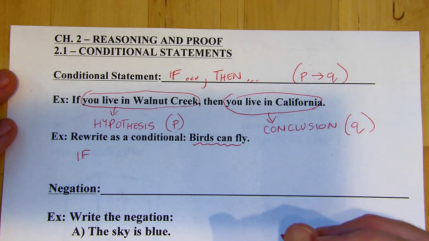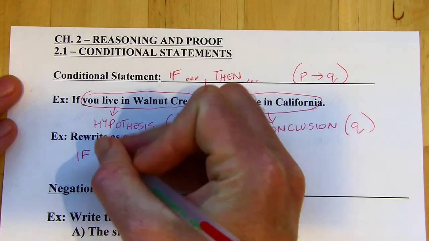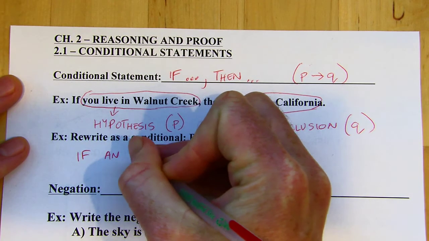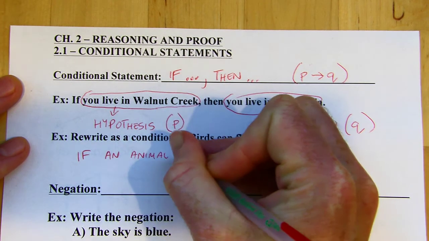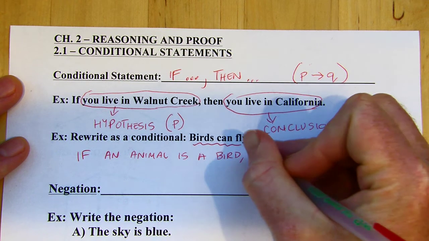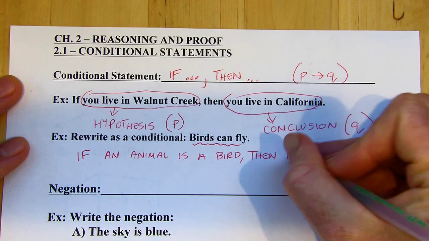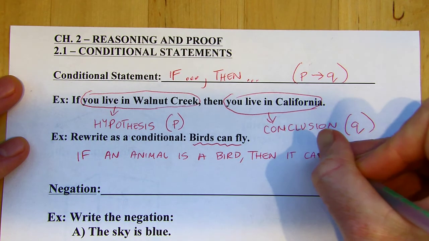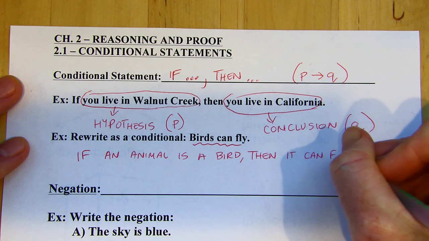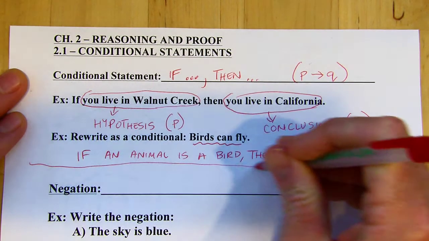So I'm going to say if an animal is a bird, then it can fly. And there are certainly other sentences you could have come up with that would work. You could have said, if something is a bird, then it can fly, something like that.